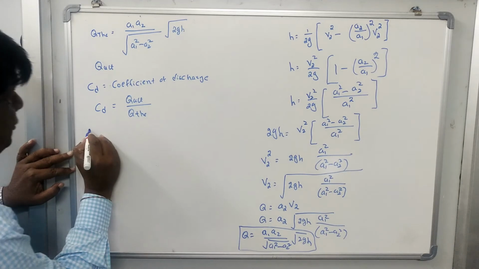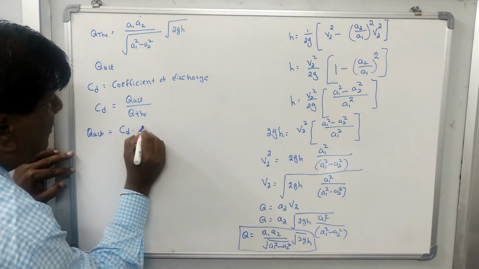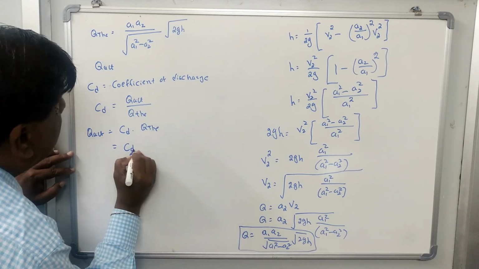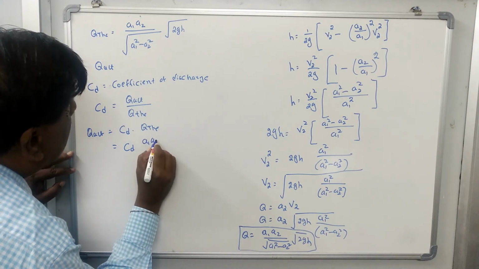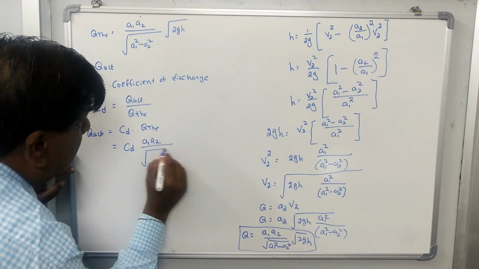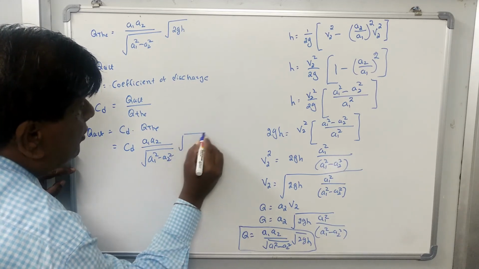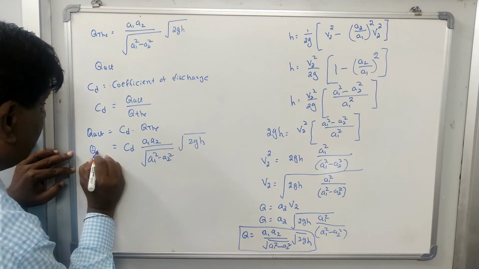So actual discharge is equal to CD multiplied by Q theoretical, that is CD times A1 A2 divided by square root of A1 square minus A2 square, times square root of 2GH. So this is the actual discharge.